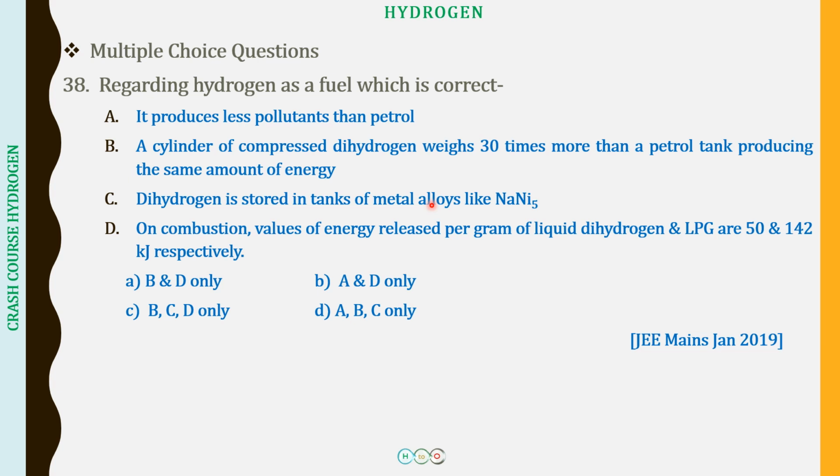So all these alloys, they are expensive. And on combustion, this is a false statement. Liquid dihydrogen is producing 142 kilojoule, and LPG, this is producing 50 kilojoule per gram of energy. So the correct choices over here, they are going to be A, B and C, and hence the choice is going to be D choice. Okay, I hope this is all clear.